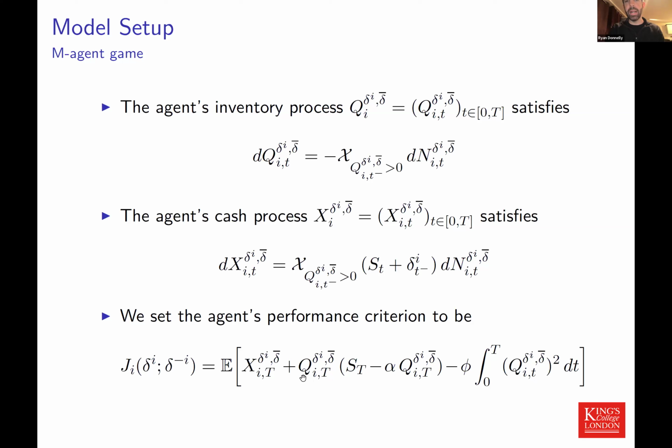Okay, so they might have some kind of leftover inventory Q, and they can sell that off at this reference price S, subject to a penalty, depending on how much they might have left over. This running penalty term is simply, we can think of this as a risk control. So a large value of phi will create more urgency to the agents, and they're going to change their prices so that they tend to sell faster because they don't want to hold on to inventory through time.